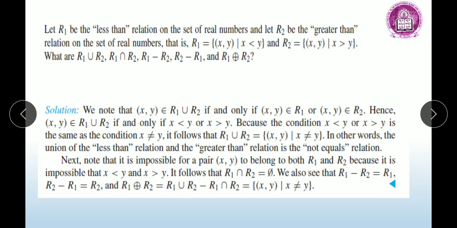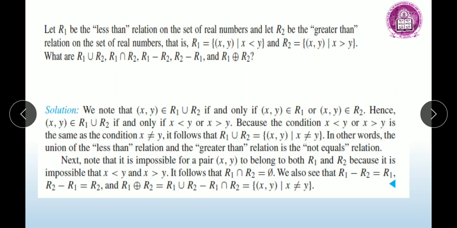In other words, the union of the less than relation and the greater than relation is the not equals relation. Next, note that it is impossible for a pair x comma y to belong to both R1 and R2, because it is impossible that x is less than y and x is greater than y. So it follows that R1 intersection R2 has to be the empty set.